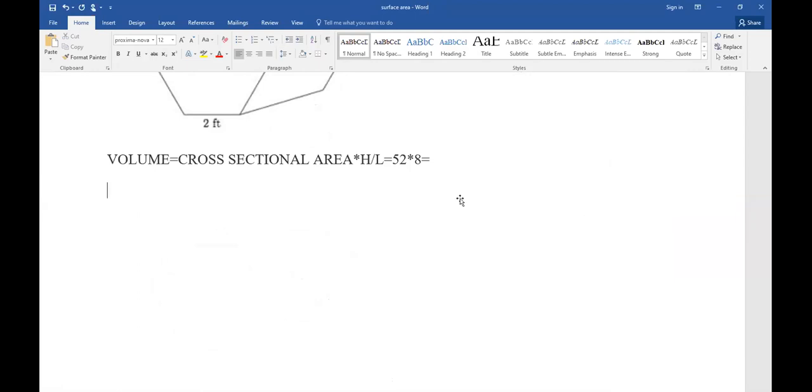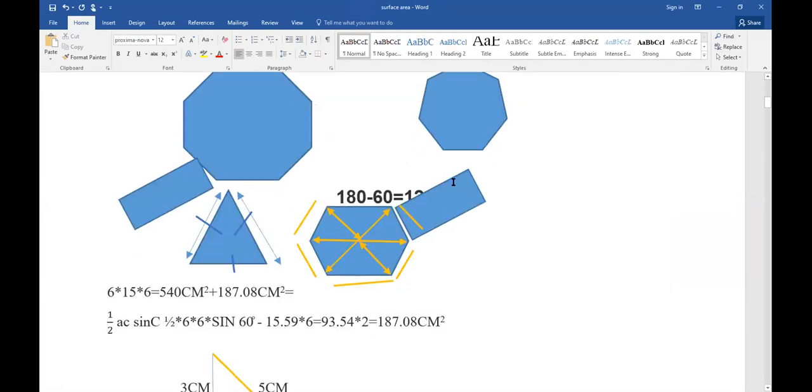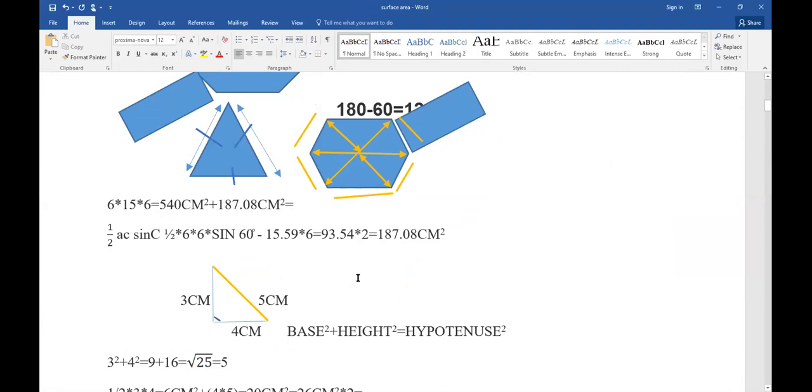And then when we look at the hexagonal prism, as you can see, the cross section gave us an area of 93.54.